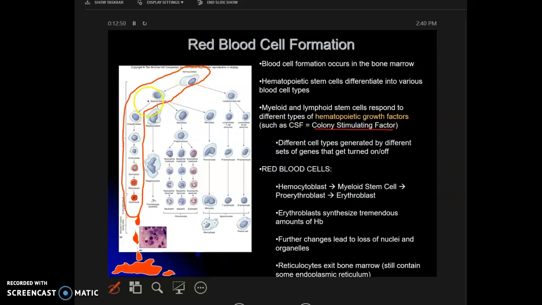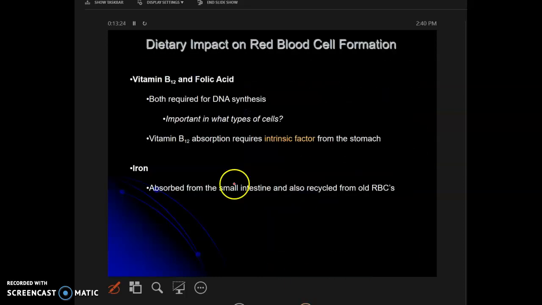Remember, the hemocytoblast has the option to form myeloid or lymphoid, but only when there is low oxygen going to the tissues and the liver and kidney are producing erythropoietin, the hormone, will it stimulate the hemocytoblast, the stem cell, to produce erythrocyte. So now when there's more erythrocyte, obviously erythrocytes have what? Hemoglobin. Therefore, now hemoglobin can carry oxygen to the tissues and the tissues are no longer starved.